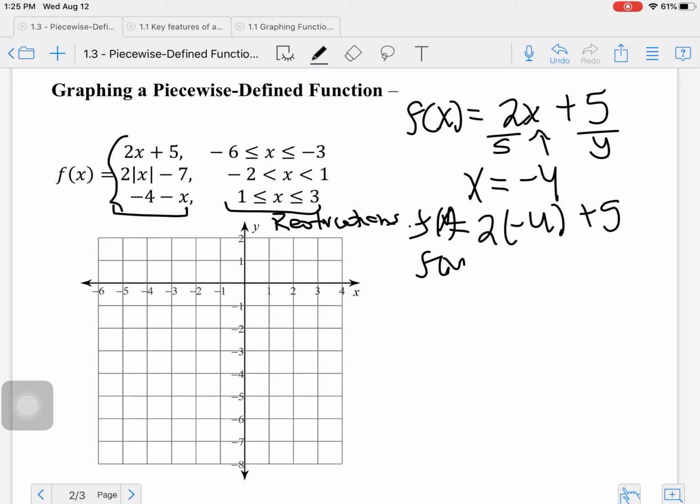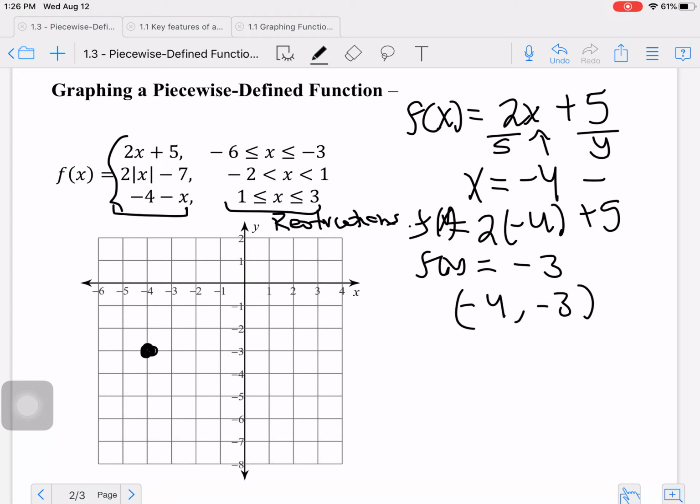So f of x equals -8 plus 5, so -3. Cool. So there's my point. I picked x, which is -4, and I got -3, which is my output. So that's my starting point: -4, -3.